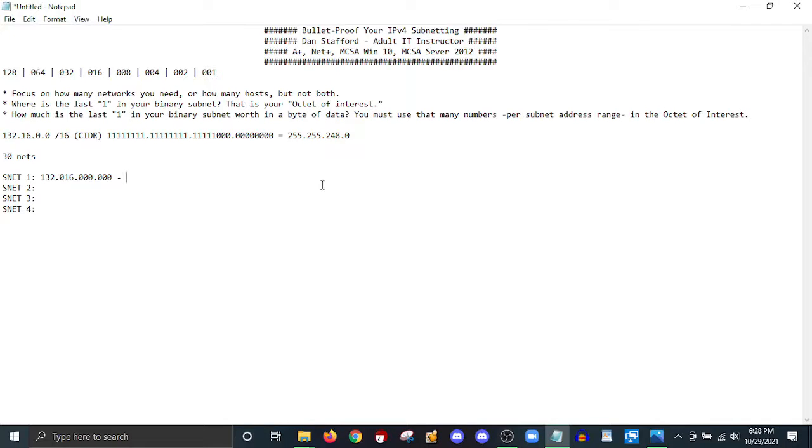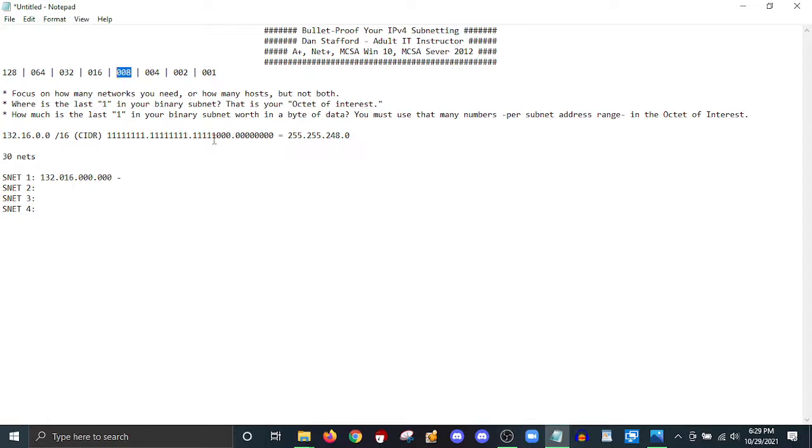All right, so my subnet 1, now I'm going to take a look at where my last one is. That's my octet of interest. In this case, my last one is in the 3rd octet, and it is worth 8.